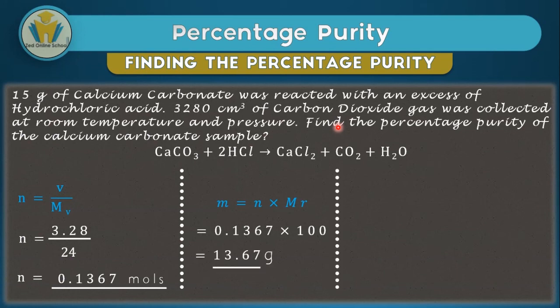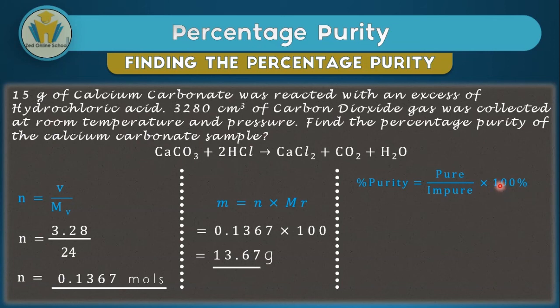Now, our real question that we were asked was the percentage purity. We know that if we use the pure substance of calcium carbonate, we only need 13.67 to produce or yield these 3.28 cubic decimeters. So it means the percentage purity of this calcium carbonate is the ratio pure divided by impure multiplied by 100.